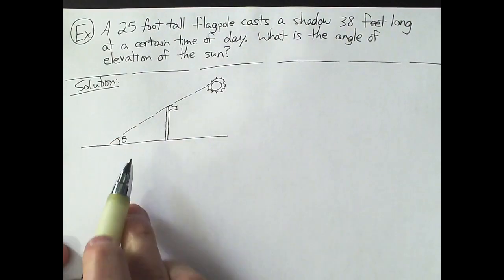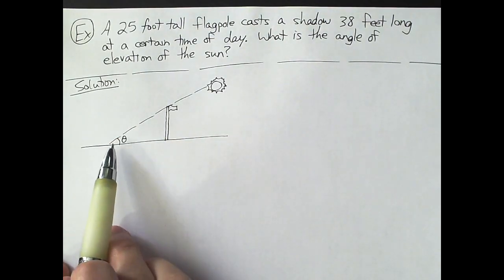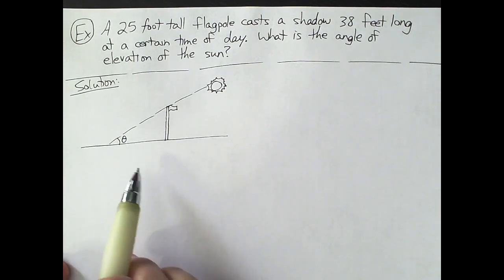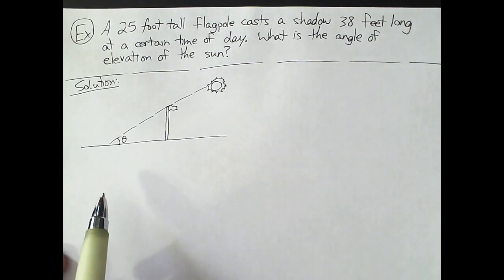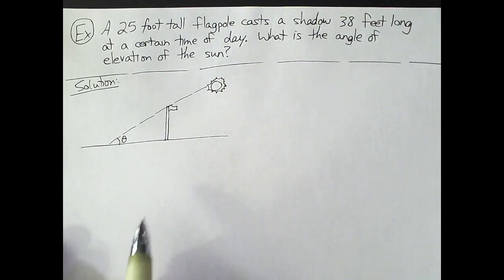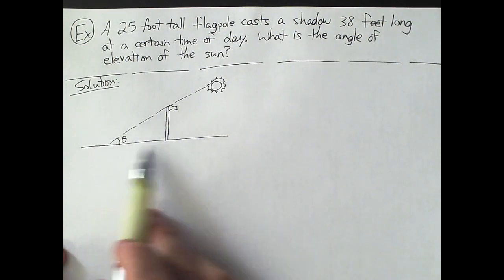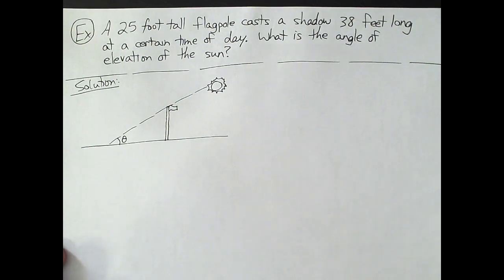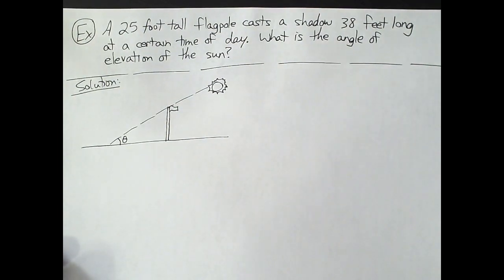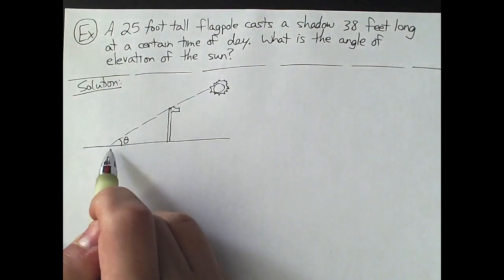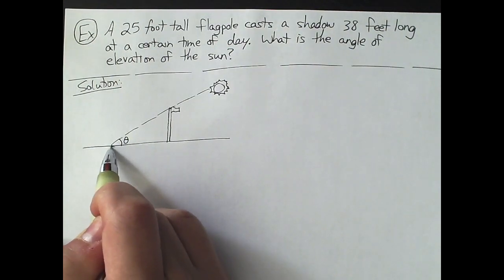And if it turns out that our picture is not drawn at the correct scale, that's okay. This to me looks like maybe around 30 degrees, and if the answer turns out to be 70 degrees, that's okay. The picture is just a tool to help us.